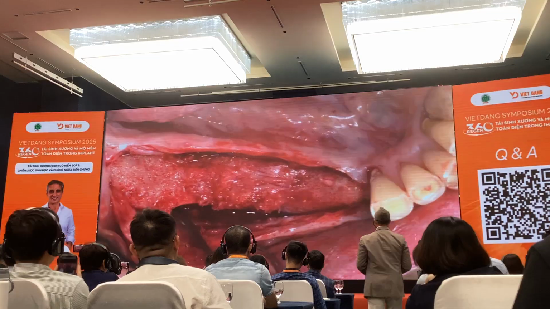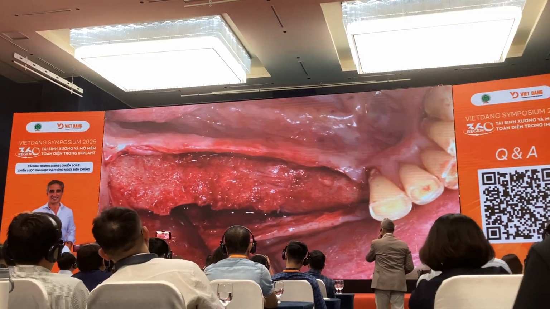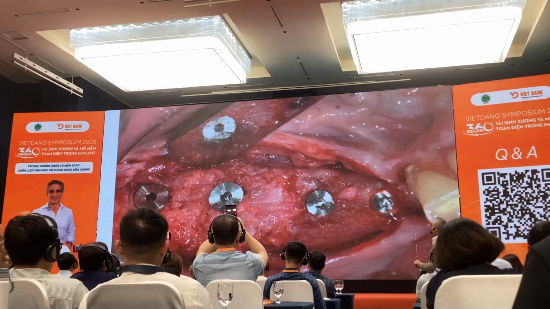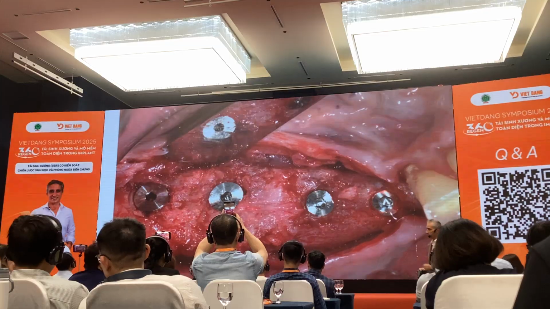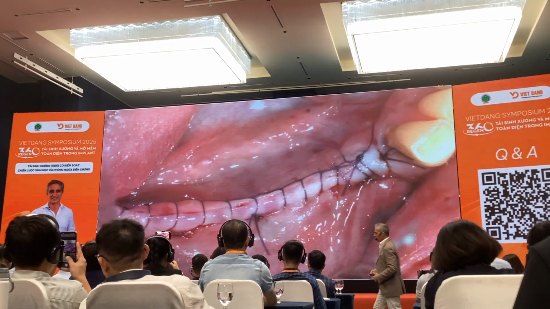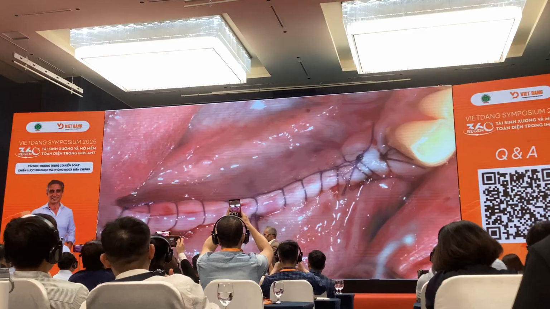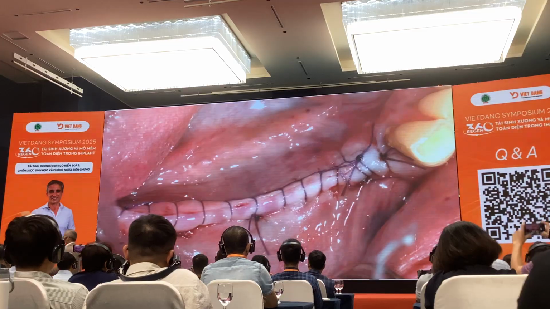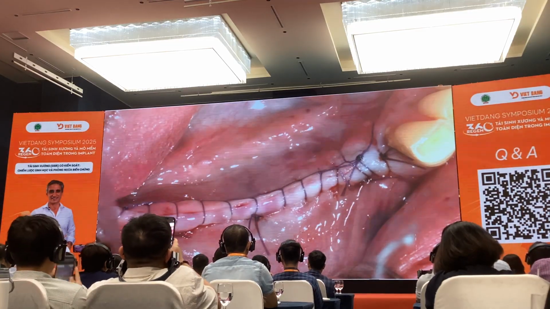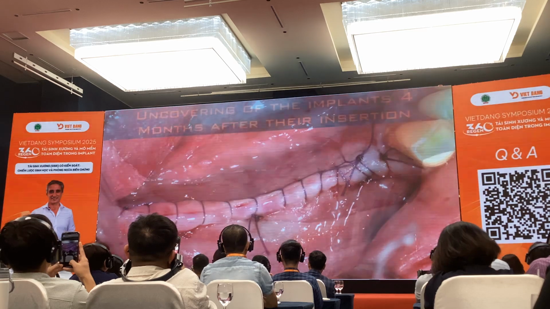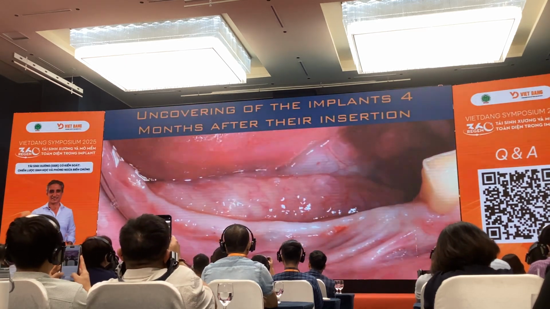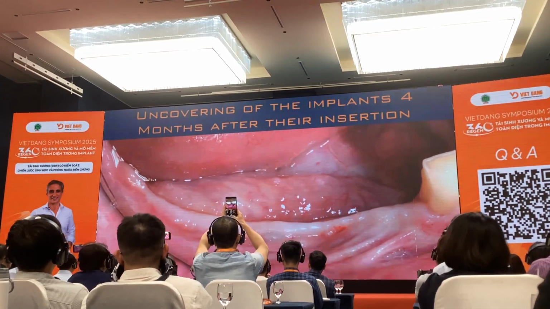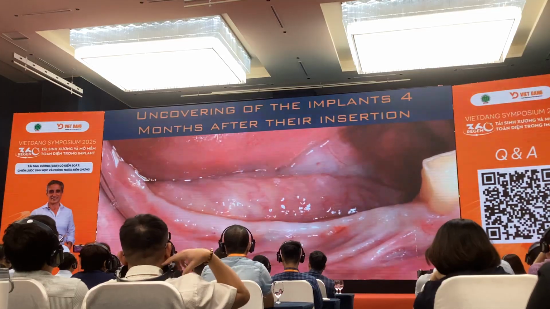At that time, we can elevate the flap, place the implants in the strong and well vascularized bone and close the flap again. A perfect seal of the wound over the top of the regenerated bone, always. So I waited for the osseointegration of the implant. But now, as you can see, we have to manage the soft tissue.